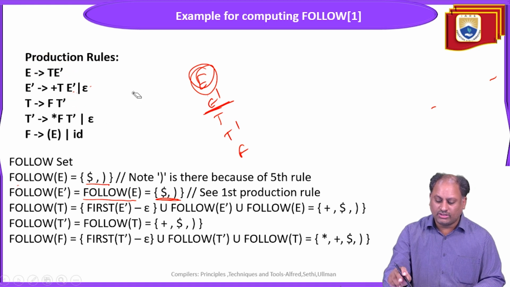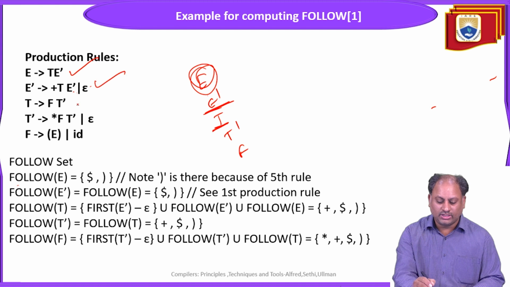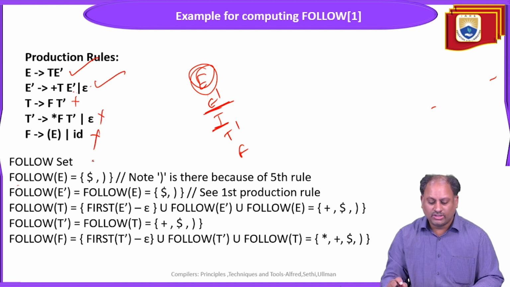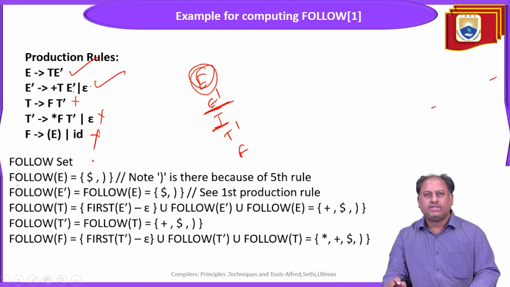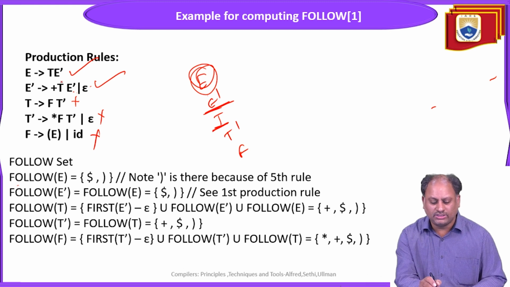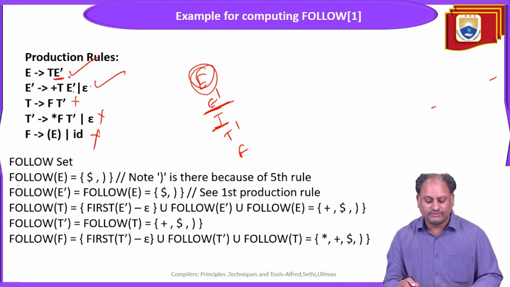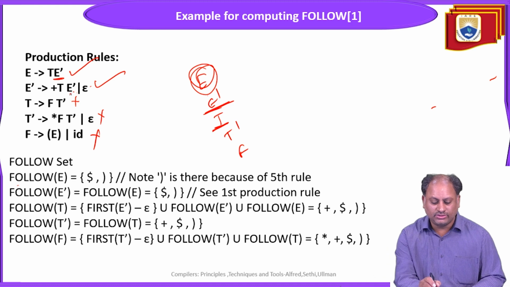Whereas the third one is T. If you consider follow of T, where does T appear? Here it is available followed by E dash in the first case, and here also E dash.